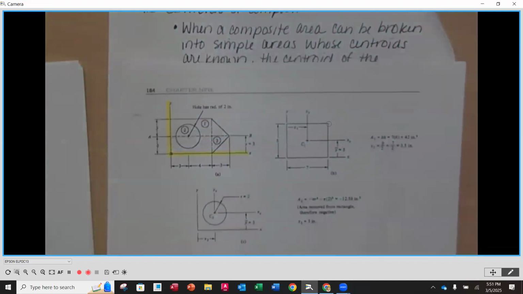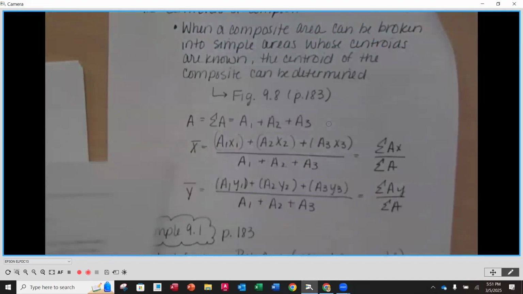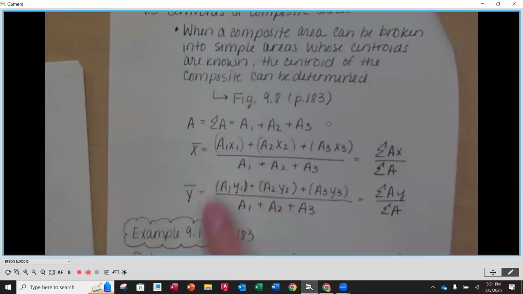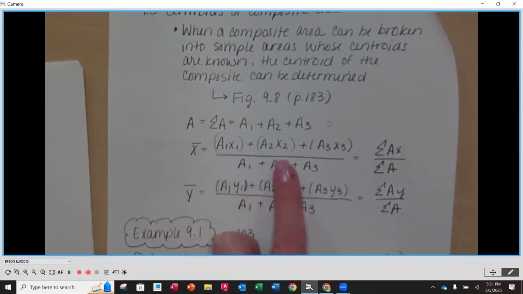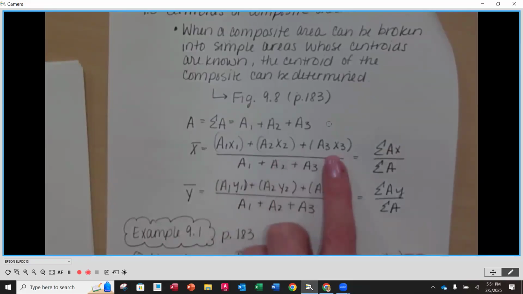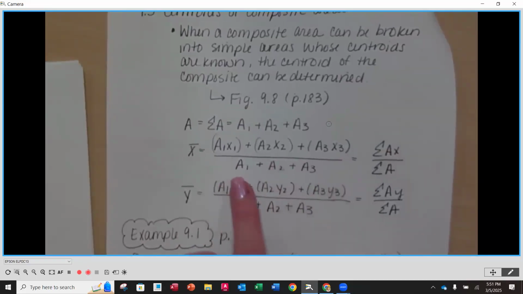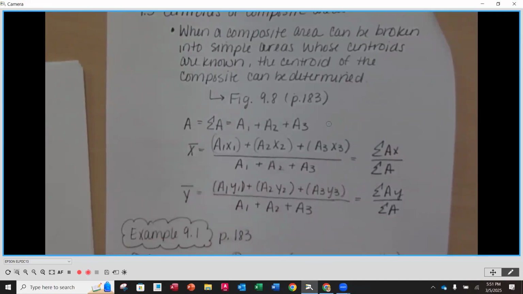This will make more sense when we do our example, but that's going to be the X value. So we take that area, multiply it by each one of the respective X values. So we've got an A1 times X1, an A2 times X2, and an A3 times X3. And then we're going to divide it by the total area, okay? And that's going to give us our X bar from the reference axis.